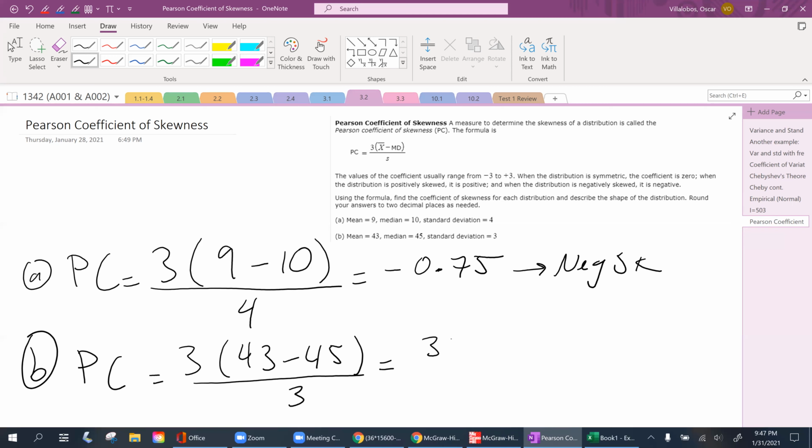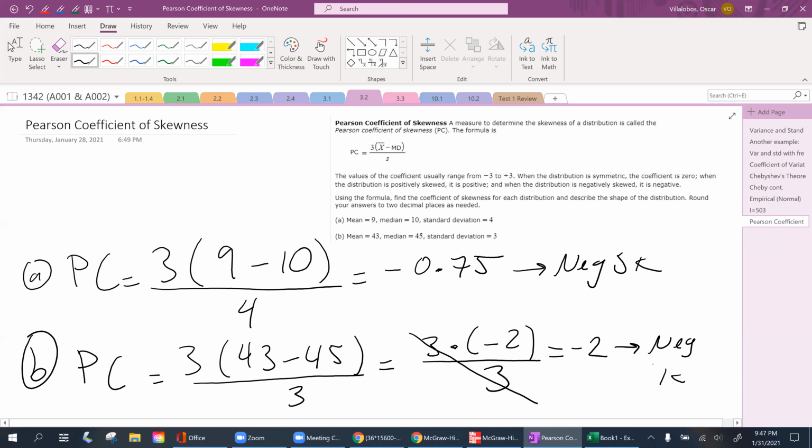So this is going to be 3 times negative 2 divided by 3, right? These cancel out, leaving me with negative 2. That also is negatively skewed, all right? And this is all I would ask you for this coming section, regarding the PC of skewness. So this is all I have for today for this section for 3.2.